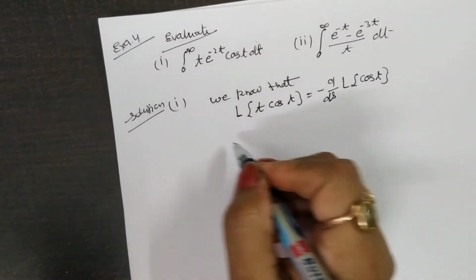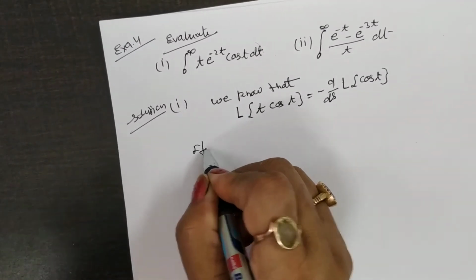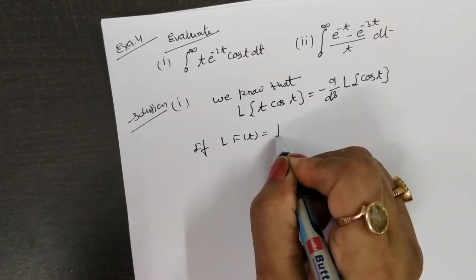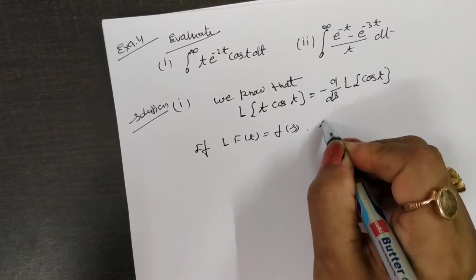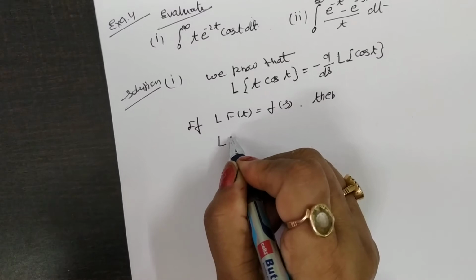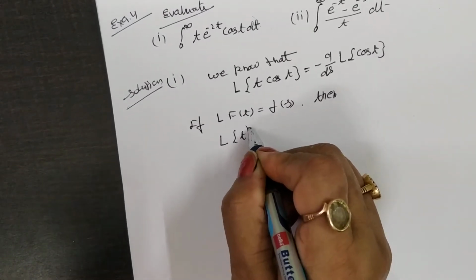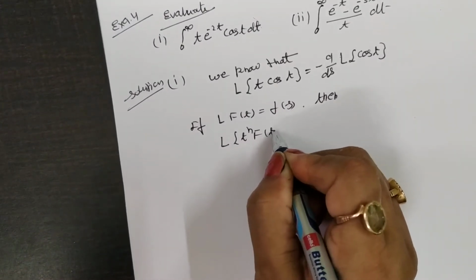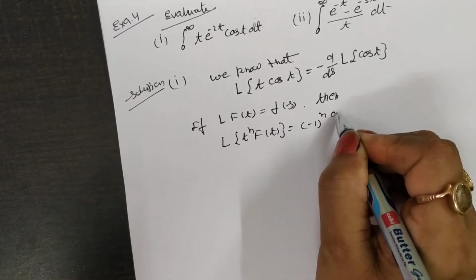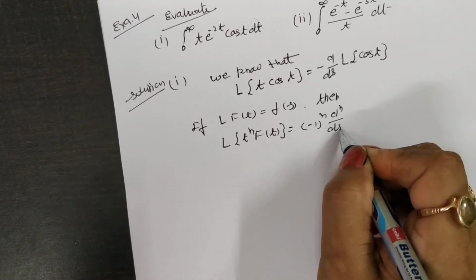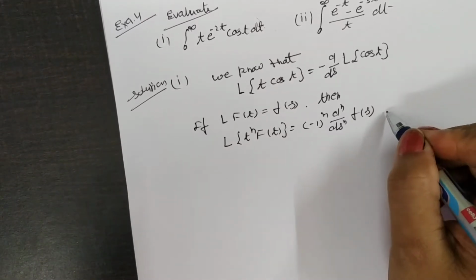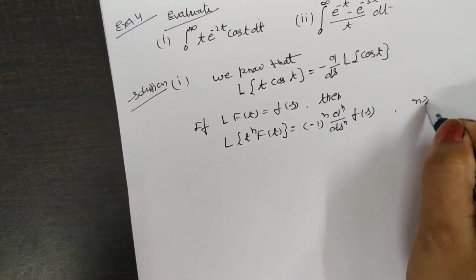As we know the property, if the Laplace of f(t) is equal to F(s), then the Laplace of t to the power n f(t) is equal to minus 1 to the power n, the nth derivative d^n by ds^n of F(s), provided n is greater than or equal to 1.